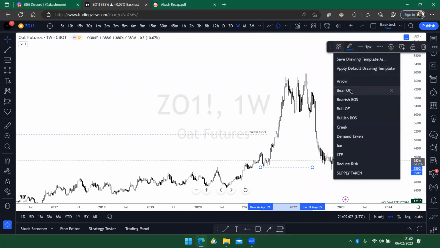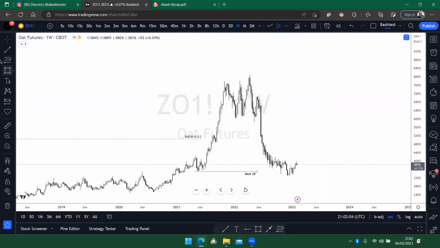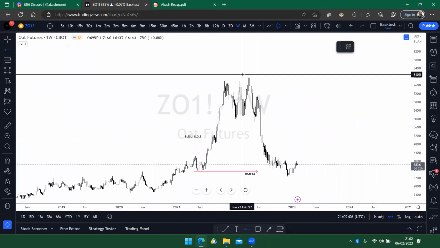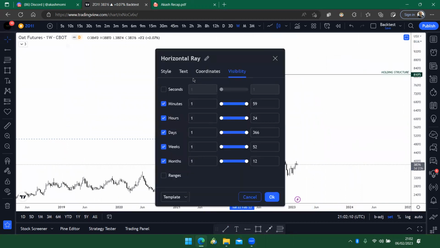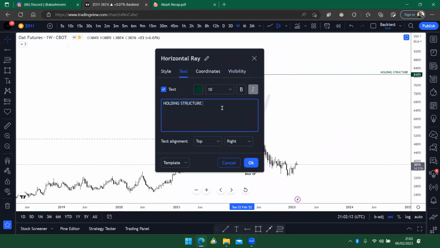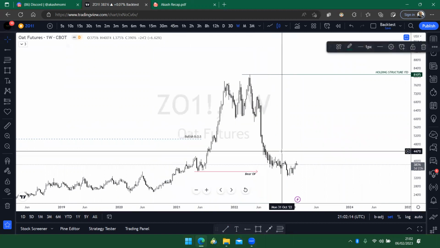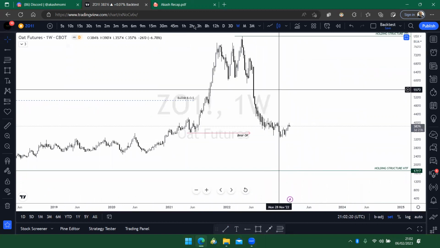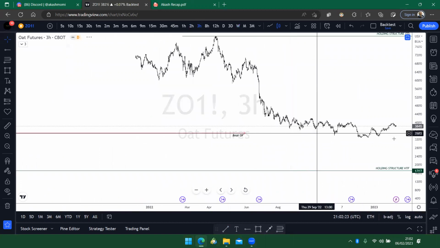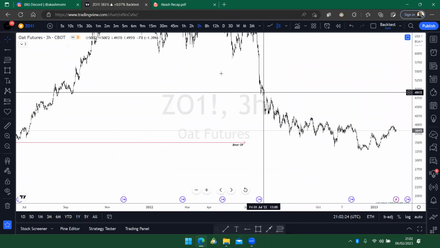It's not a structure break, it's just a bearish break, which makes this then my intraday. And then this was my high time frame. And then so lower time frame structure is order flow on higher time frame.